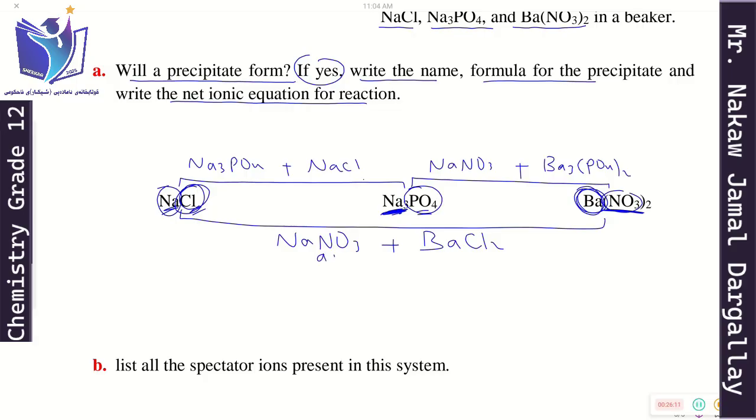Sodium salts are soluble in water, chlorides are soluble in water, phosphates are insoluble in water except sodium, potassium, and ammonium.